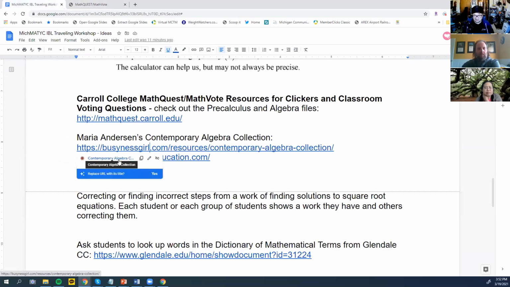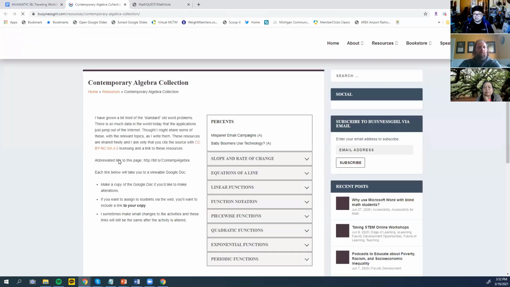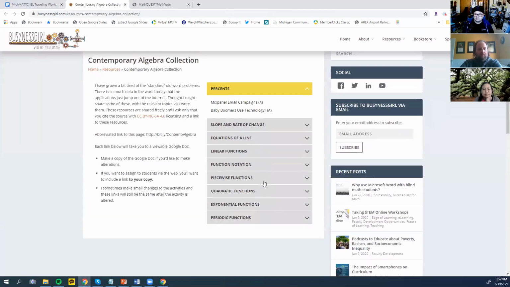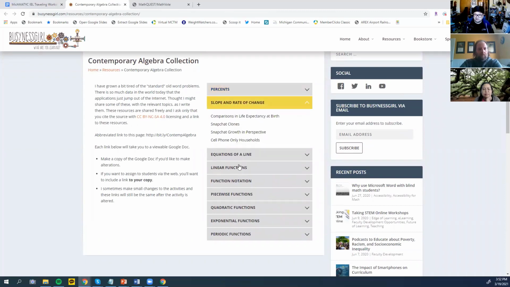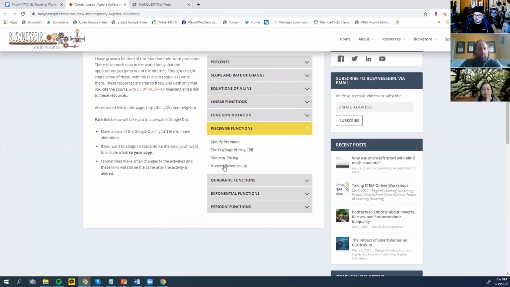And then this one I added, it is Maria Anderson's contemporary algebra collection, but I've used a few of these in my classes from the collection already. They're fairly interesting, and especially when I'm talking about piecewise functions this semester, it was helpful to give these real life examples, because I realized that it helped the students see, oh well, we're talking about the price of Spotify or the price of this program, and so the price can't go below zero.